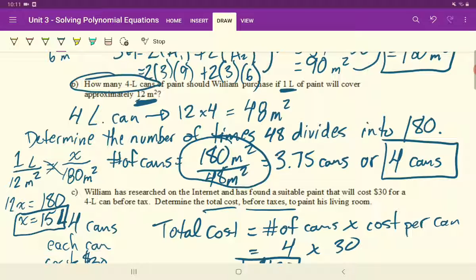So we simply multiplied 12 times 4 here already. But what you want to do here is if you have 4 liter cans, and you need 15 liters, you'll clearly need 4 cans there to cover the 15 liters, right? 4 cans will take you to 16 liters, which is your 4 times 4.